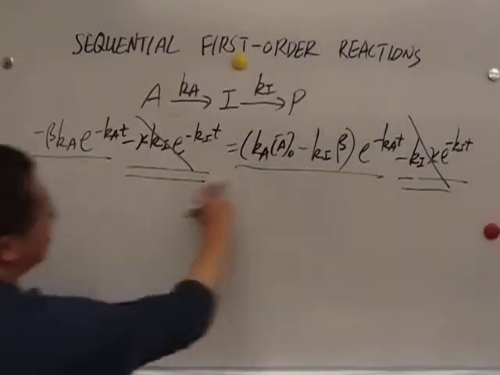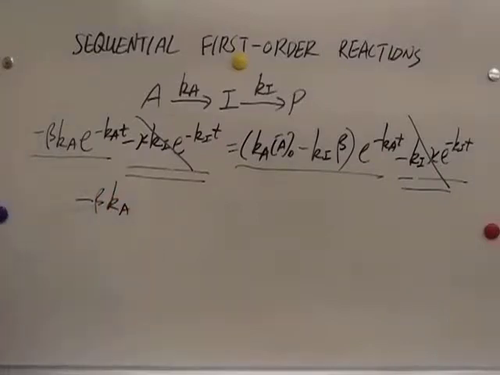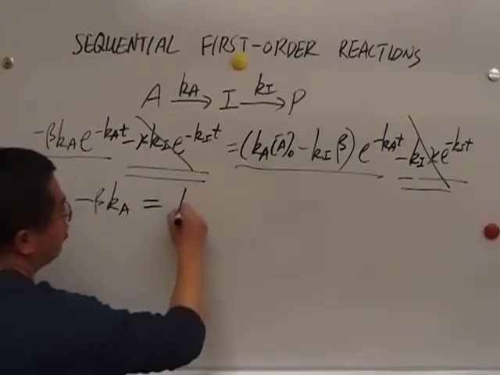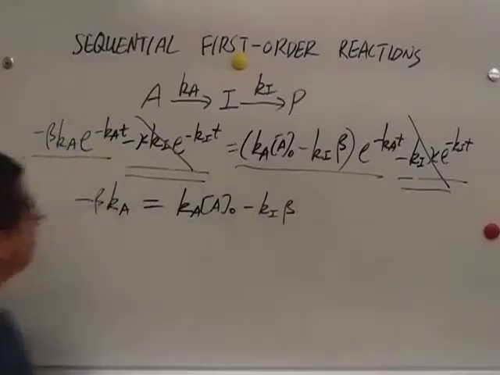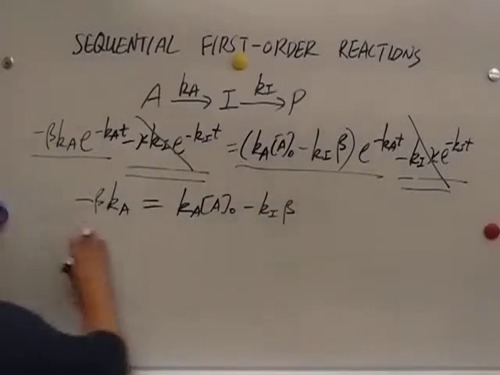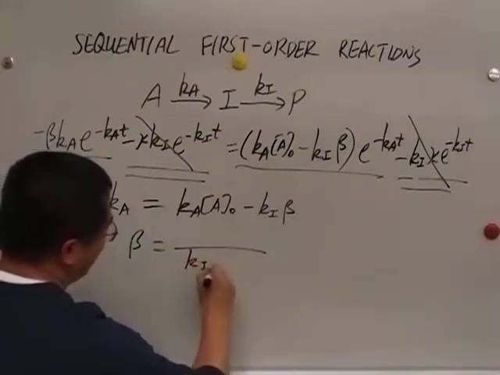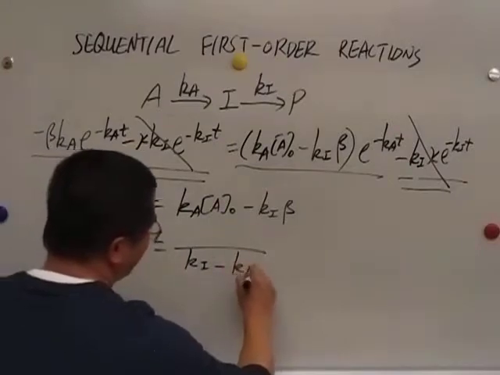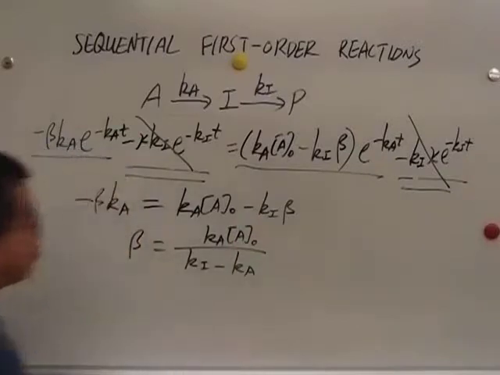And then we have this guy equals this guy, so it's just negative beta Ka is equal to Ka A naught minus Ki beta. And this way we will determine the expression for beta. Beta is just Ki minus Ka at the bottom, and on top it's Ka A naught. Got the expression for beta.